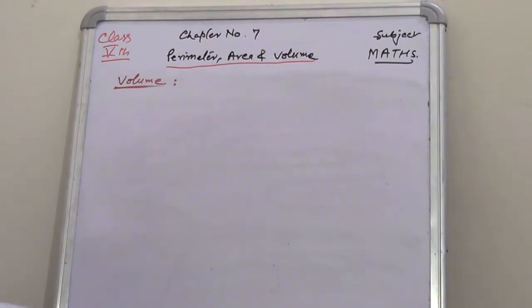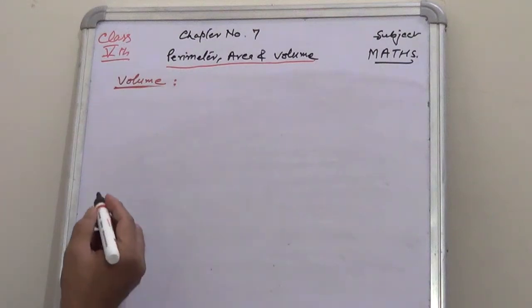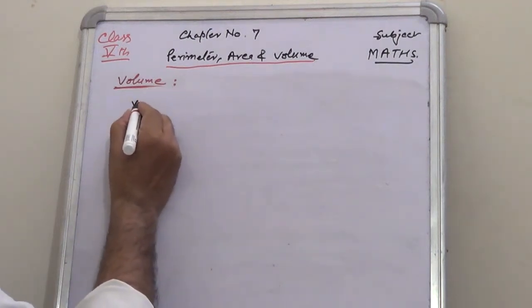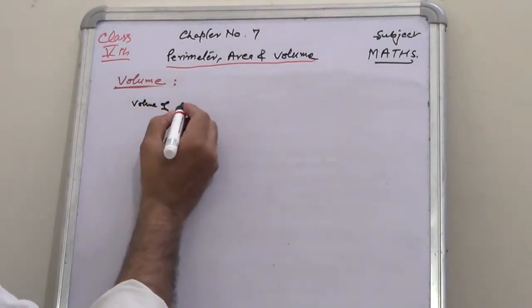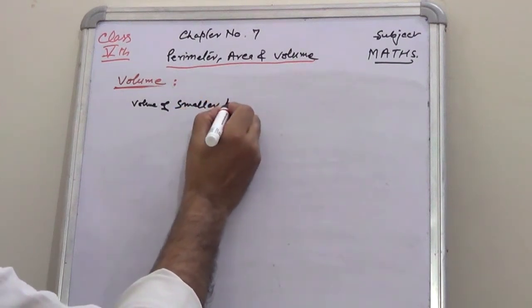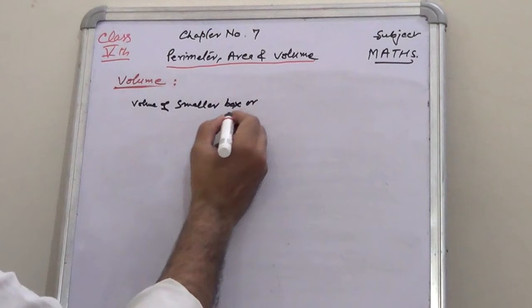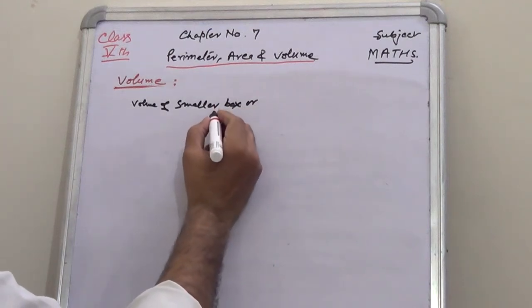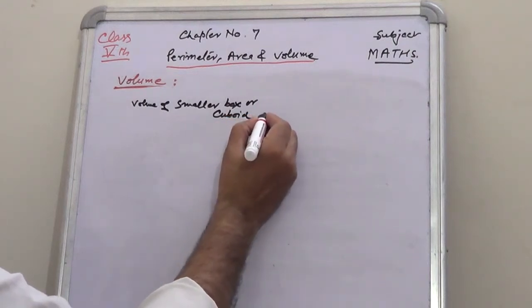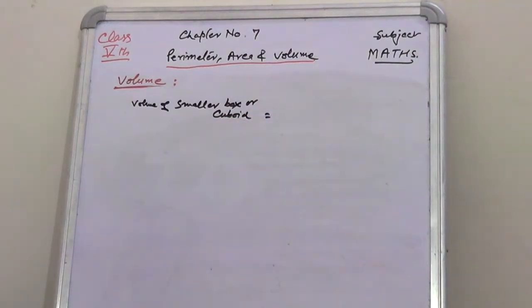Now we have to find the volume of the smaller box or cuboid. Children, see the dimensions in the problem.